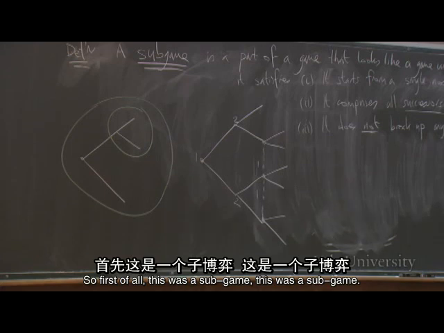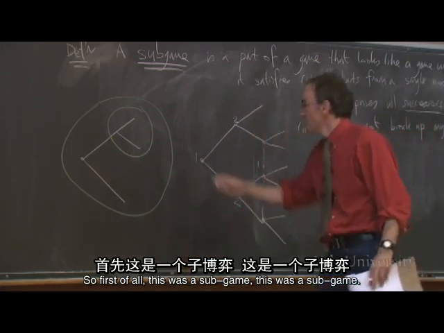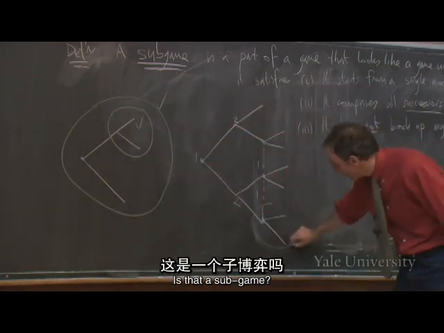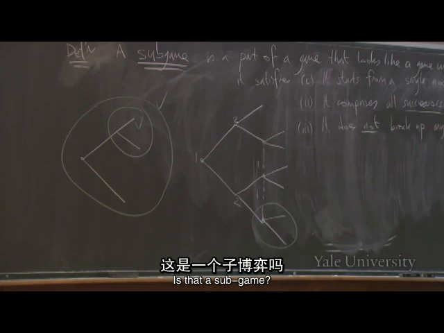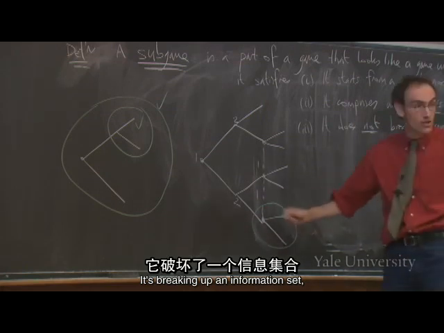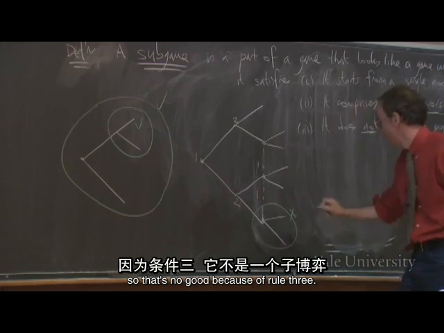So first of all, this was a subgame and this was a subgame. What about this thing here? Is that a subgame? It's not a subgame. What rule does it break? It's breaking up an information set. So that's no good because of rule 3.